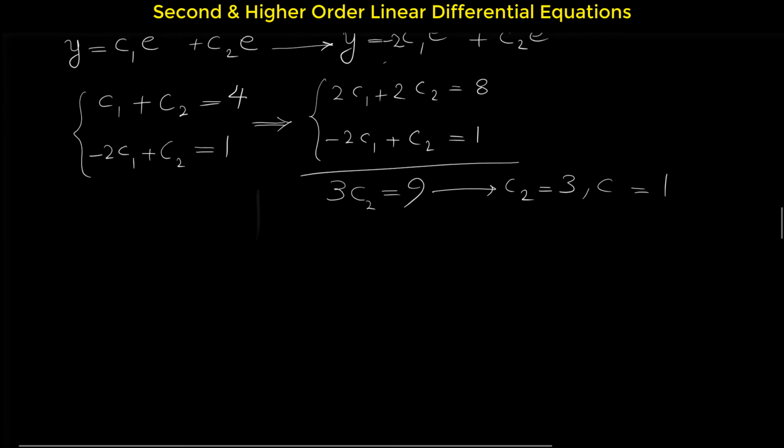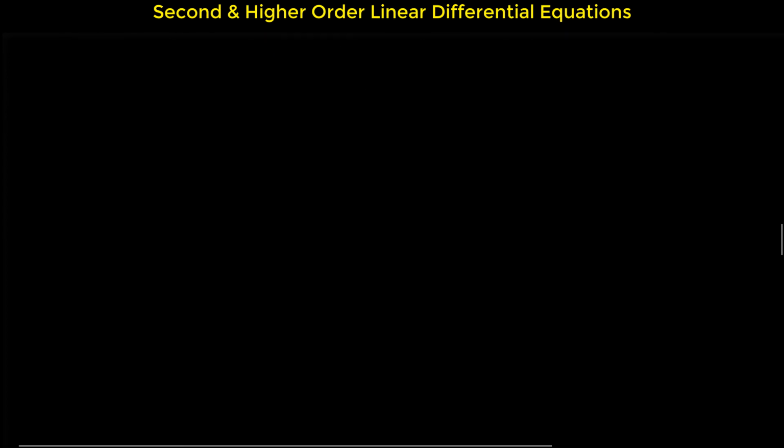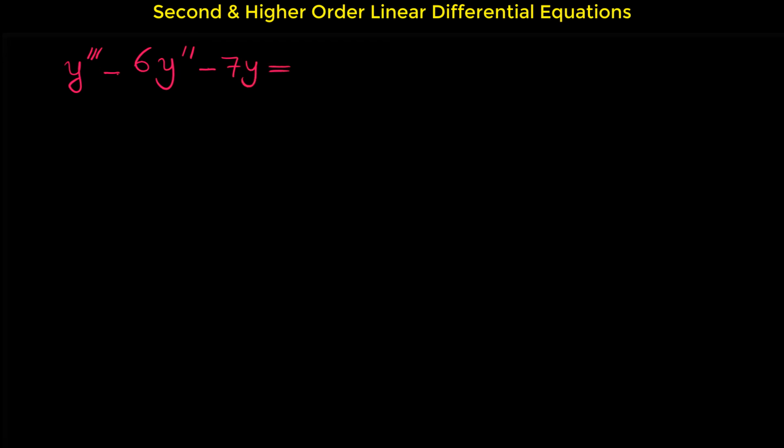Let's move to the next example. The next example is y triple prime minus 6y double prime minus 7y prime equals 0.